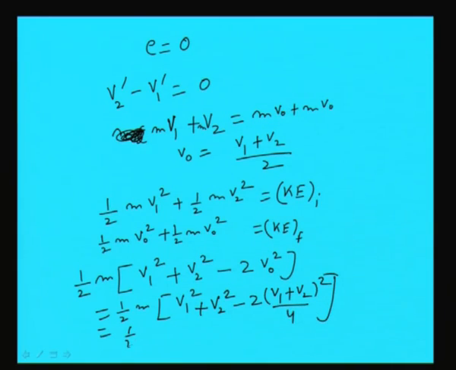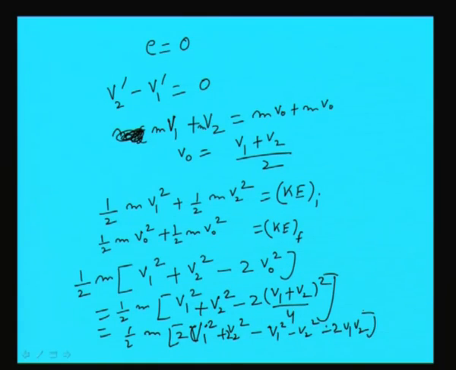So this will become something like V1 square plus V2 square minus, or 2 we can take common, and then this becomes 2V1 square plus 2V2 square minus V1 square minus V2 square minus twice V1 V2.